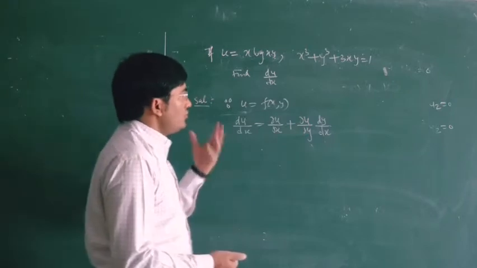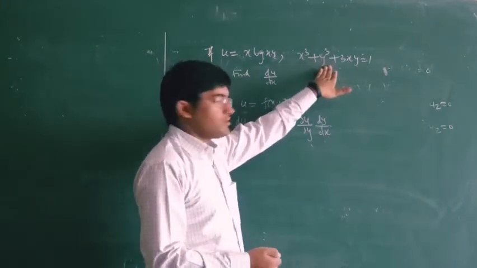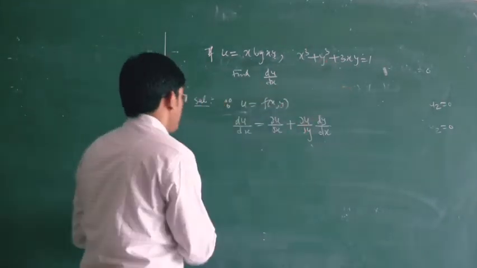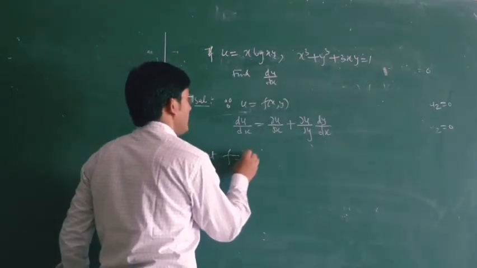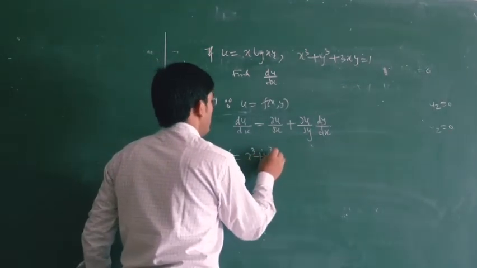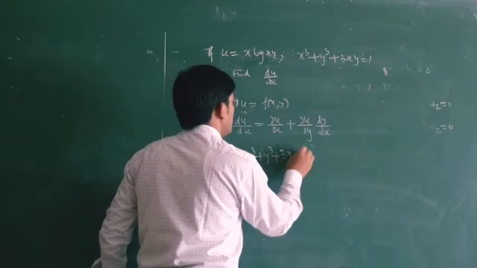Now we have two choices: either you can directly differentiate this equation with respect to x, or let us assume this equation as f. So your f will be this one.